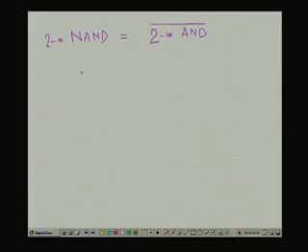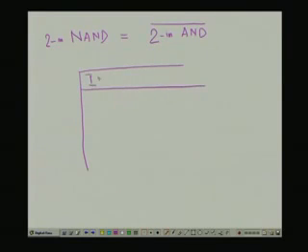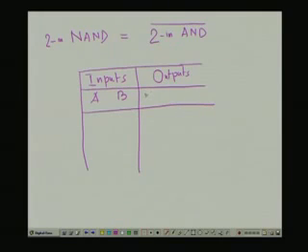If I write together, say these are my inputs, the A and B, and these are my outputs. I am giving O output for AND, and this is the output O for NAND.